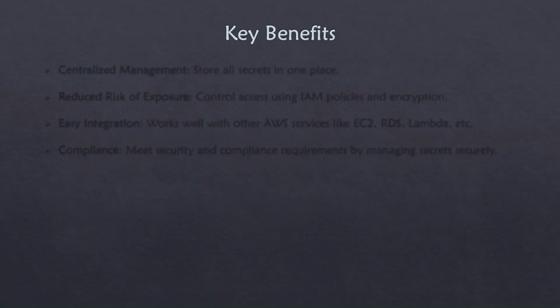So let's understand the key benefits. The first key benefit we have is centralized management. So what is it? Secrets Manager provides a centralized location for storing all your sensitive data, making it easier to manage and access credentials, API keys, and other secrets in one place.